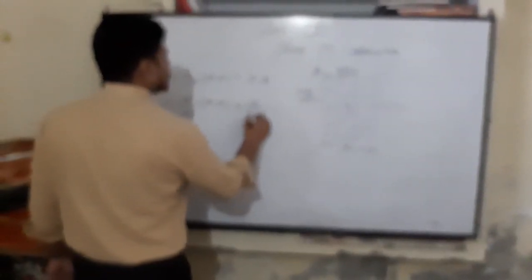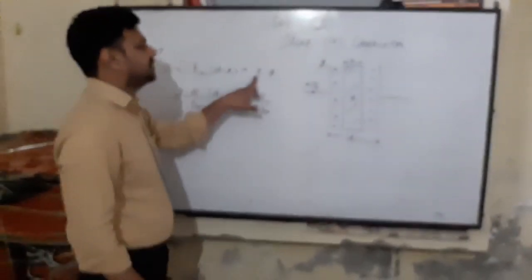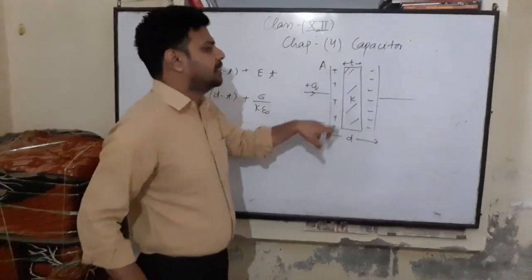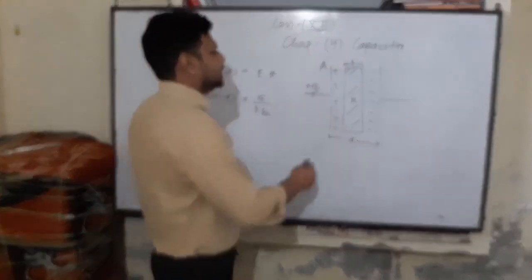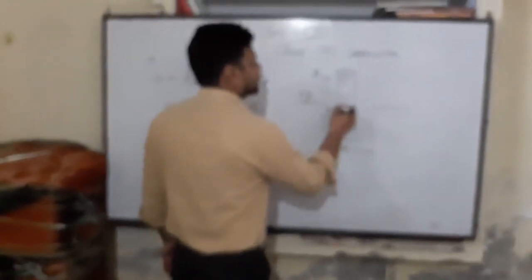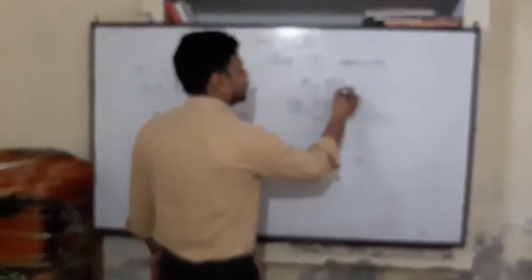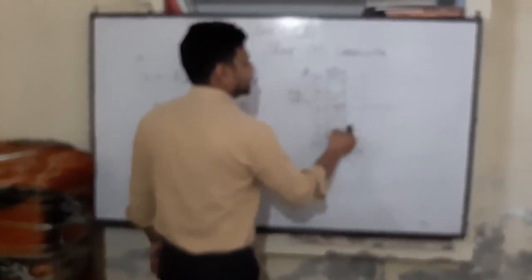E naught is sigma over epsilon naught, in the air gap D minus T, plus sigma over K epsilon naught inside the slab. This is the electric field inside the dielectric slab. Due to this charge, a negative charge is induced at this edge and a positive charge at this edge.